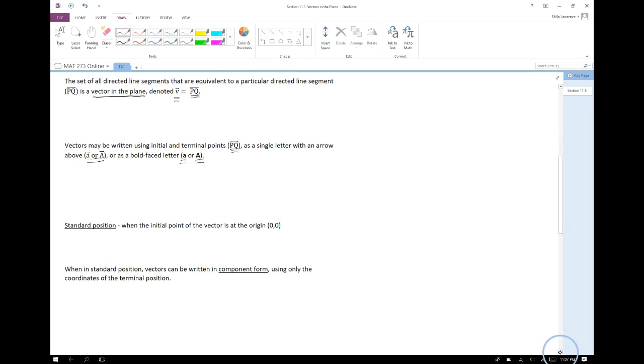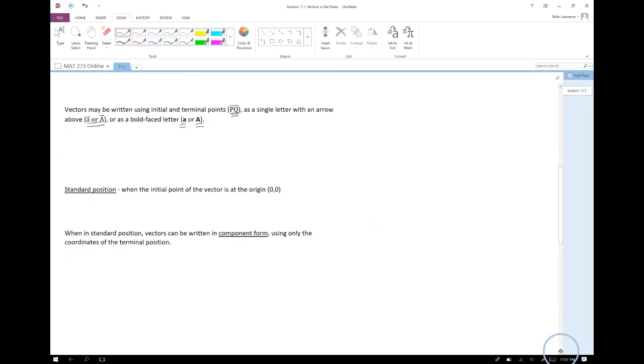So since we have the freedom to slide this vector around anywhere we want, a good concrete mathematical way to describe a vector, and right now I'm having to describe it with 2 different points. But since the position doesn't really matter, what we're going to focus on more is vectors that are in standard position.